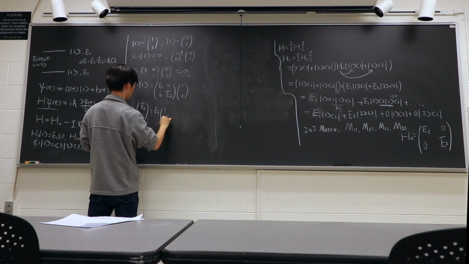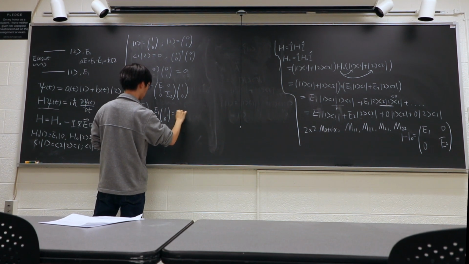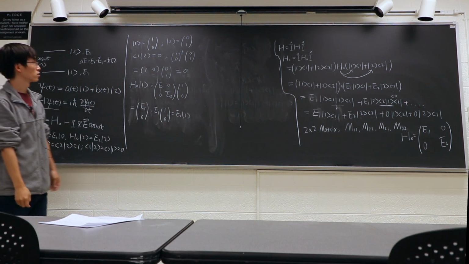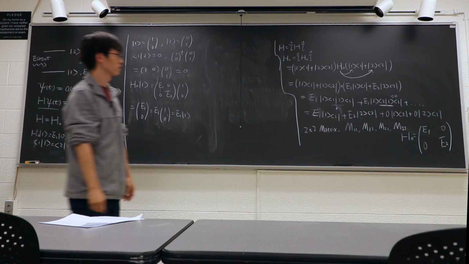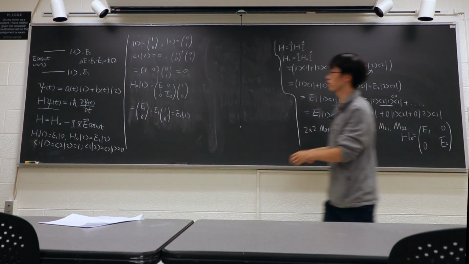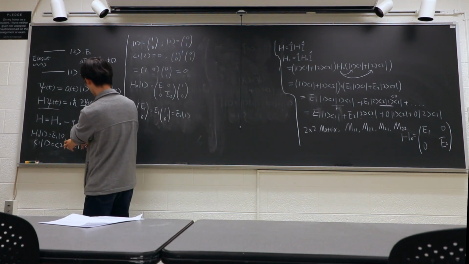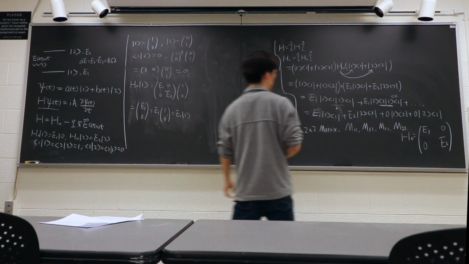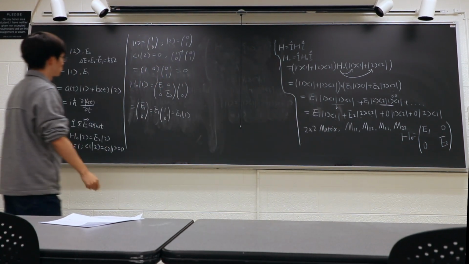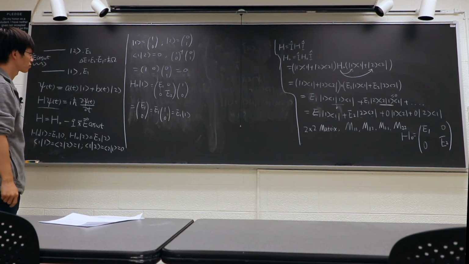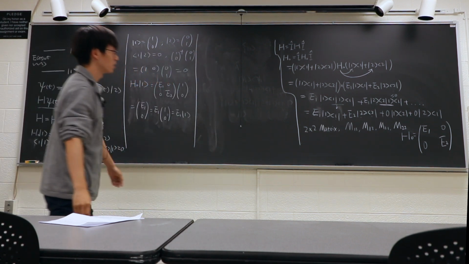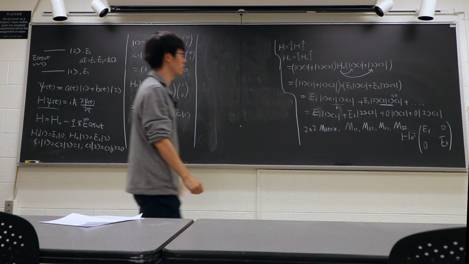So E1 0. This is just to show that you can simplify what would be a bit conceptual into a matrix and a vector that you can try to solve.